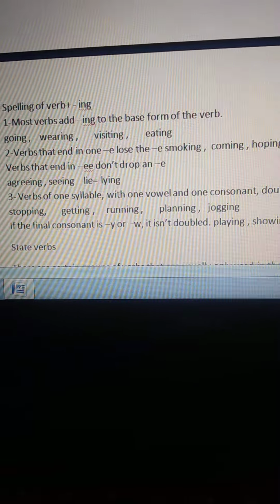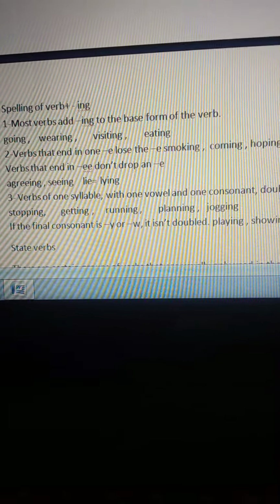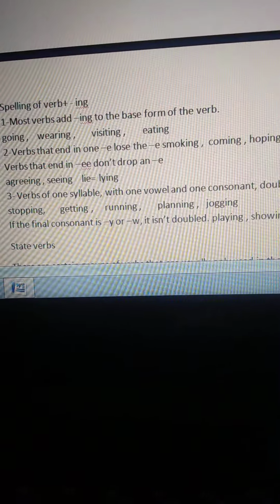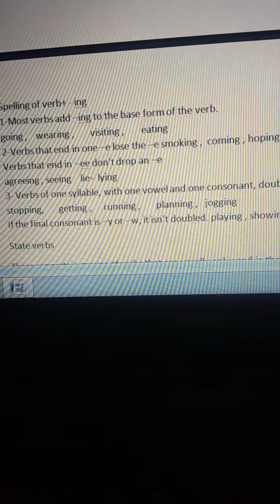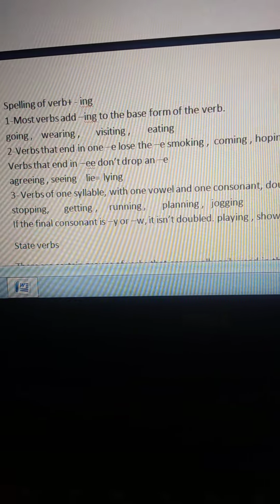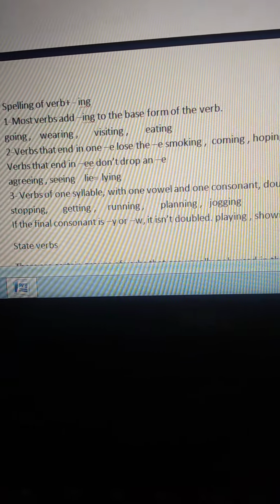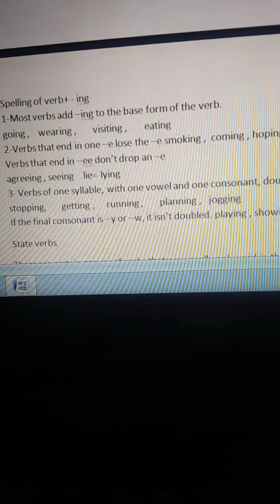Verbs that end in double e don't drop the e. Example: agreeing, seeing. Lie, lying.